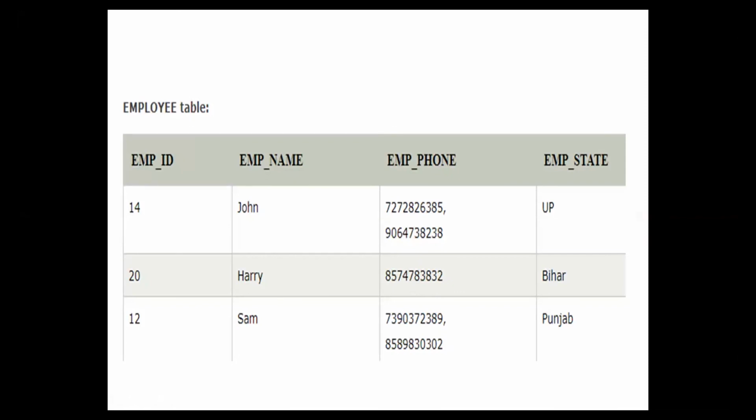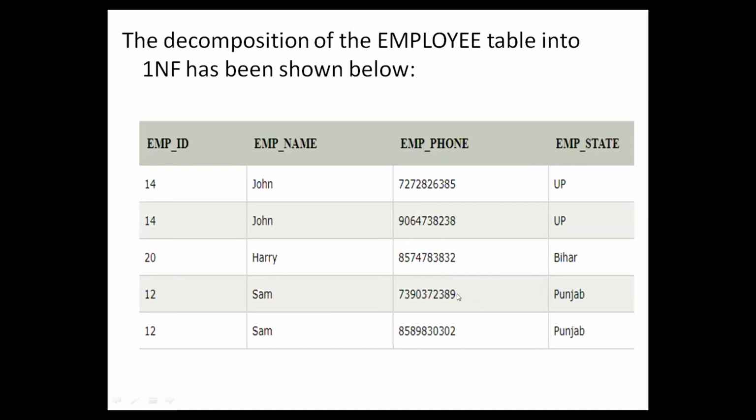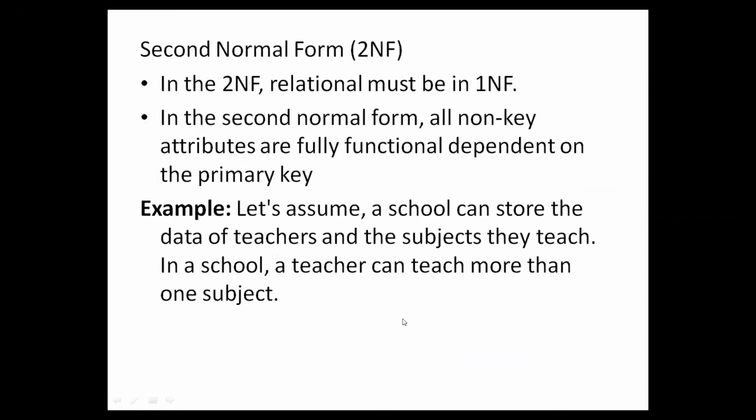And similarly, your employee ID 12 has also got 2 values for your phone number. And now what do I do after this? I split. So now 12 will be in 2 different rows. So atomic values means I'm talking about a single value.